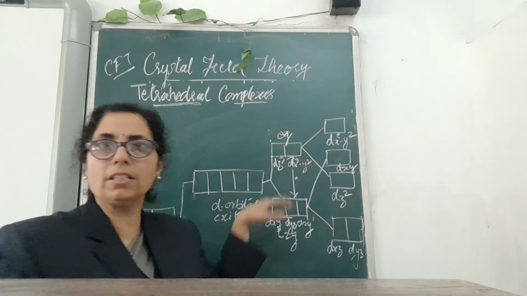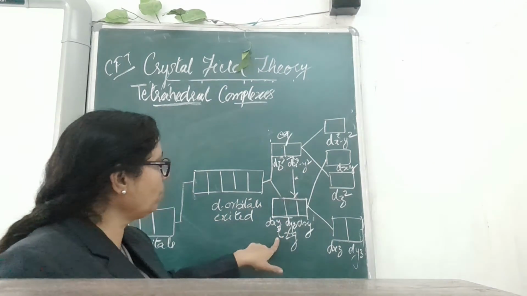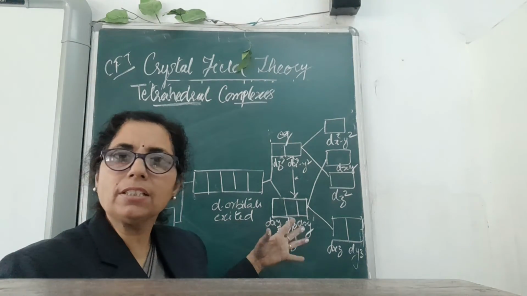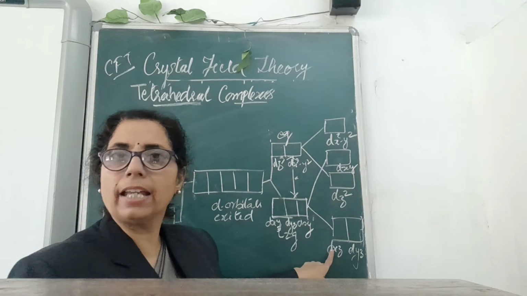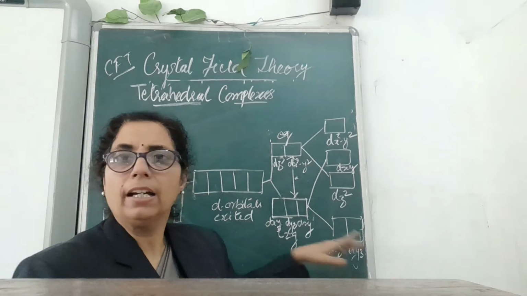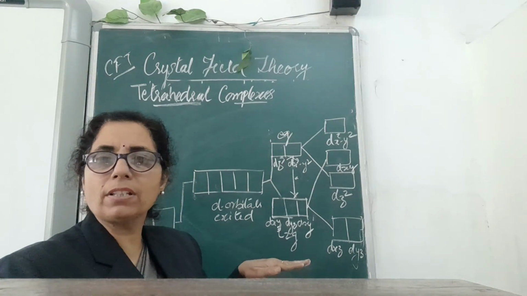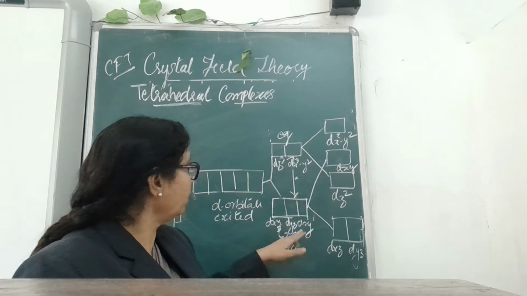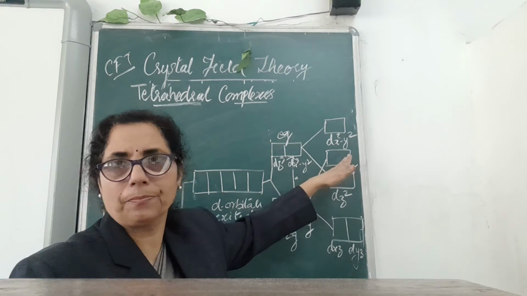In this way, these two energy levels were distributed in octahedral complexes. Now, these three lower-energy orbitals are further split: dxy, dxz and dyz, where some attain a lower energy level, even lower than before, and dxy attains a higher energy level.